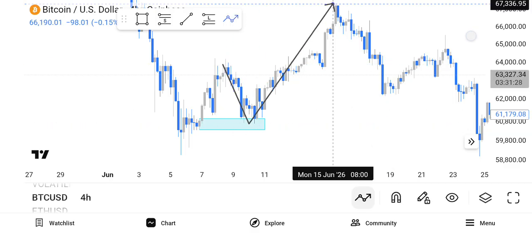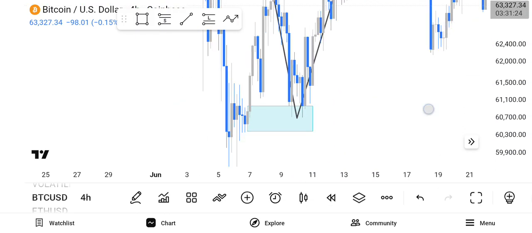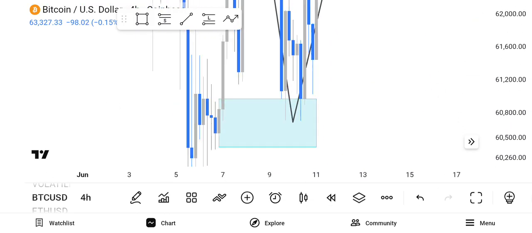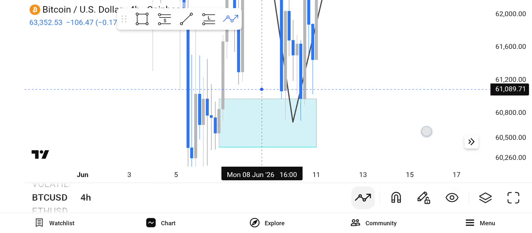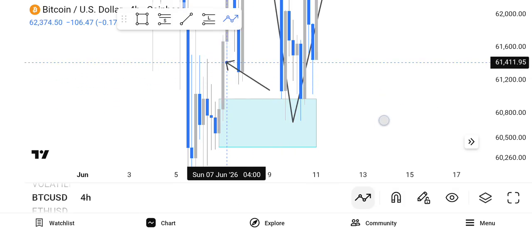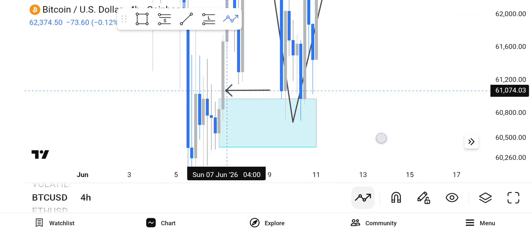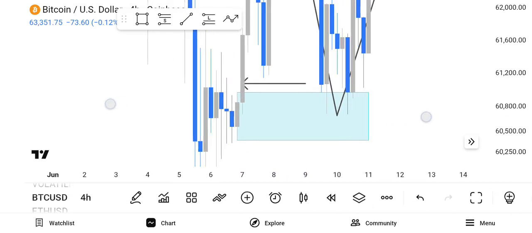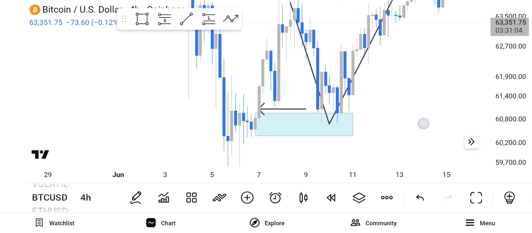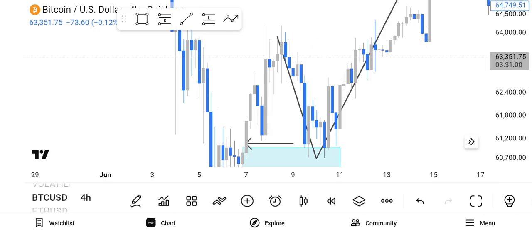it continued buying. What makes this a demand zone is this impulsive move right here, this buy impulse that took place. That means a lot of institutional traders had limit orders placed right here, ready to buy the market into more premium price over here.